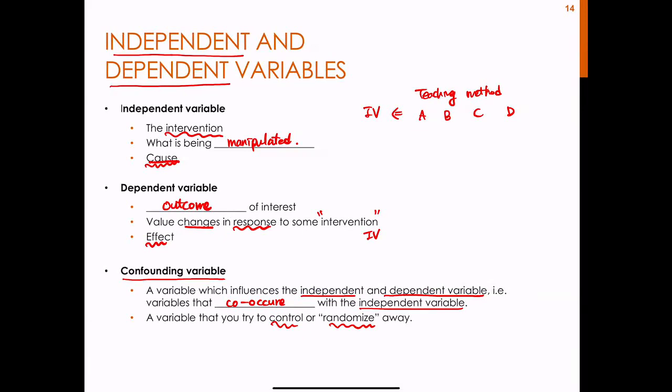And we have 10 students for each, just under the different teaching method. Then those students took a math test, and we got different kinds of test scores from those 40 different students. So this is our dependent variable.